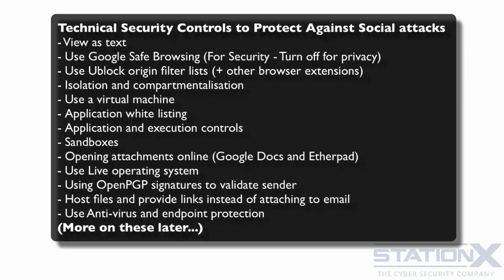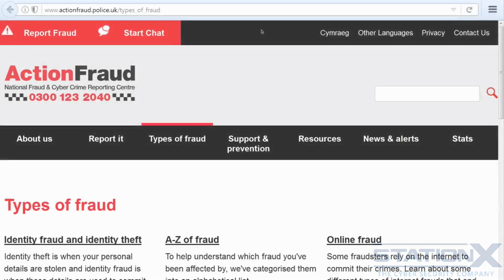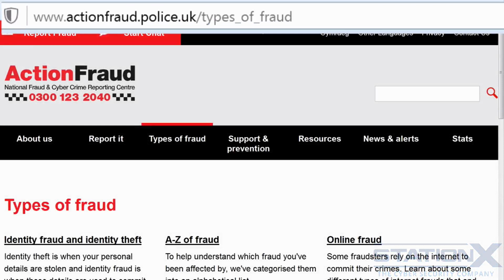And you could use services like SpiderOak, OwnCloud, or Cfile, enabling antivirus and endpoint protection. But all of those things we go through on the course, but they particularly do protect you against these social attacks.